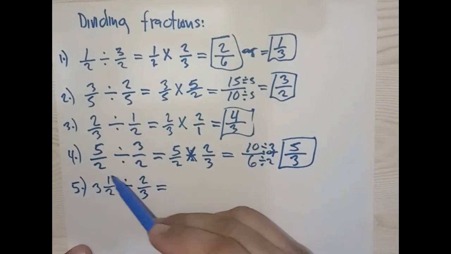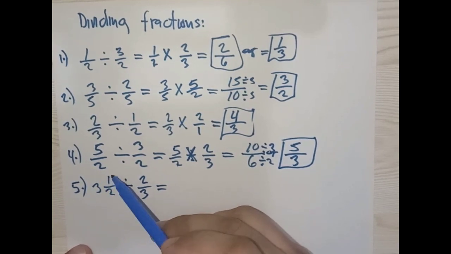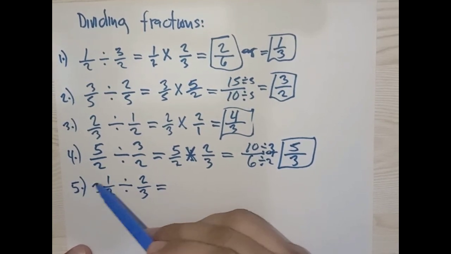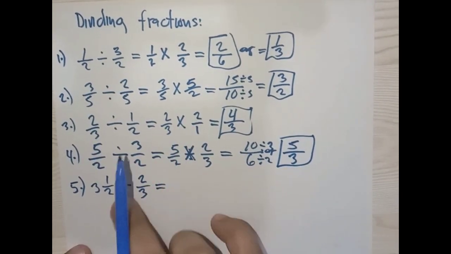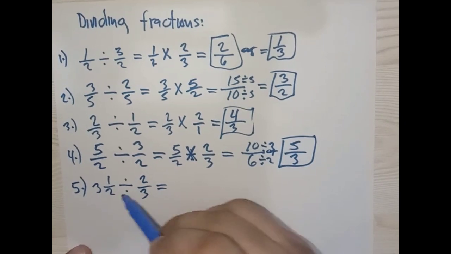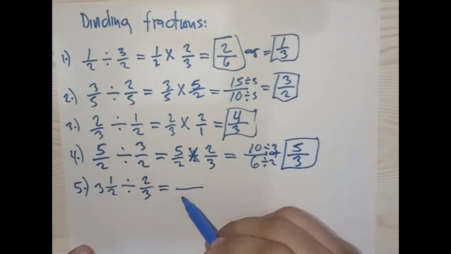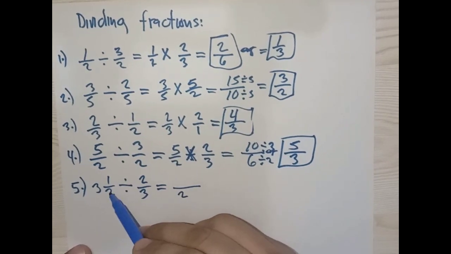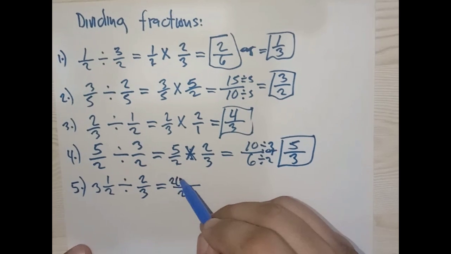Itong, kung nakikita nyo, itong mixed number, gagawin muna natin siyang improper fraction. And then, proceed tayo sa step dito. Okay? So, gagawin muna natin to. Copy the denominator 2. And then, multiply natin yung 2 sa whole number, 2 times 3.